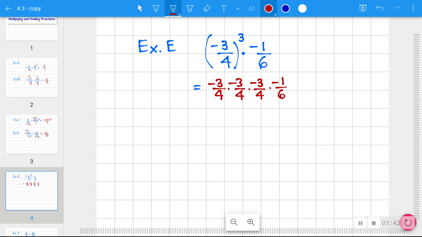So now that we have it all written out and it's multiplication all the way down, we can cross cancel. I'm going to cancel this one and this one by dividing by 3. And the top numbers, if you multiply them all out, give 9. And across the bottom, you get 128. So 9 over 128.